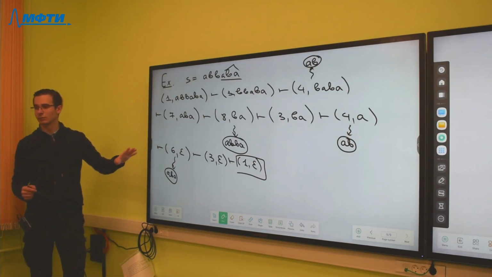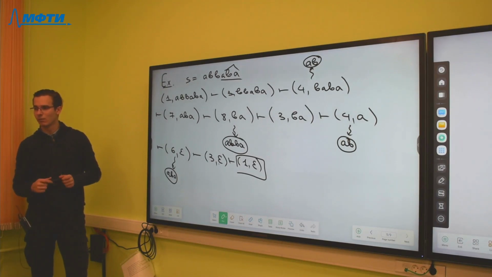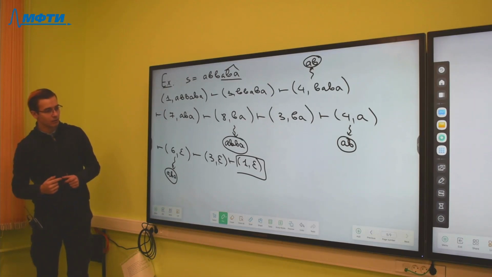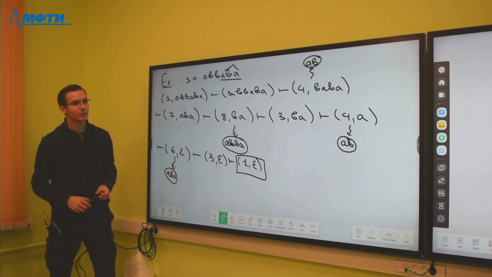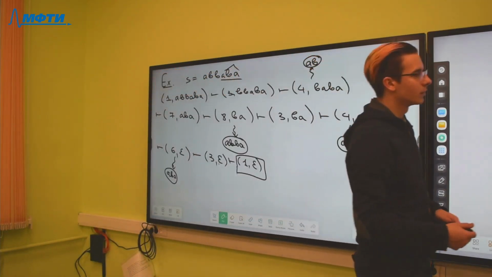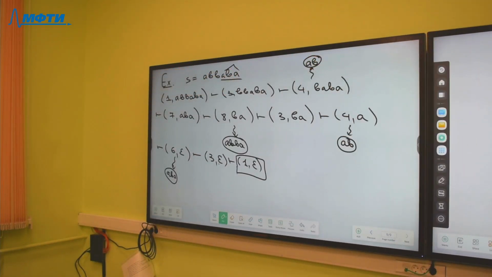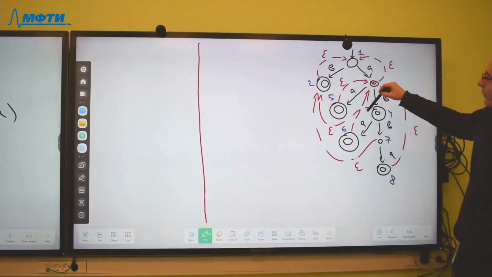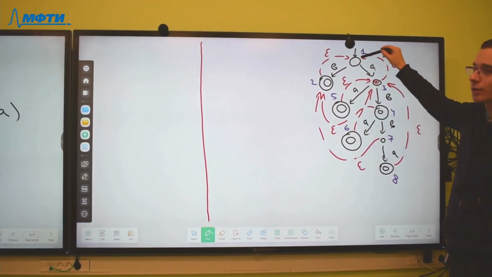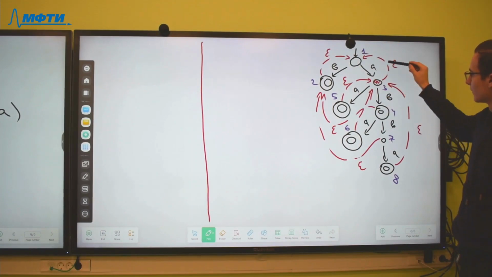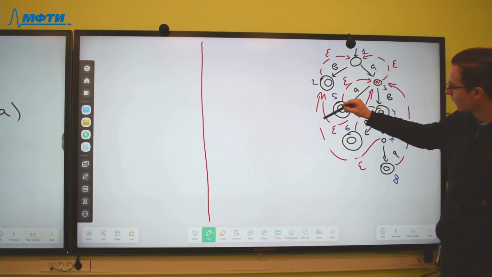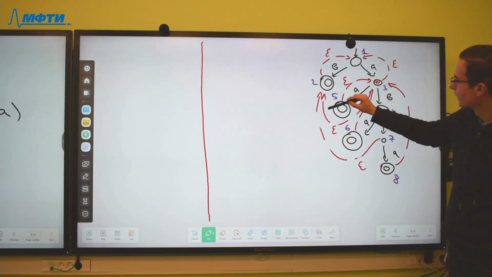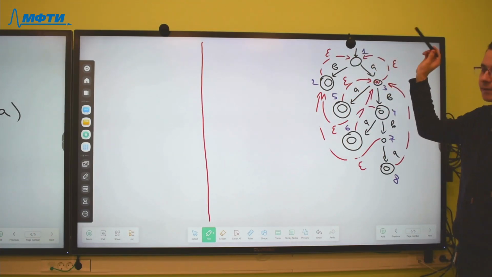Understandable? Yes. So we always end in the initial point. Yeah, we always end with the initial point, because you can see that if we use suffix links, we can go from all of these states to the initial state. For example, here we find this path, from this path, and other.